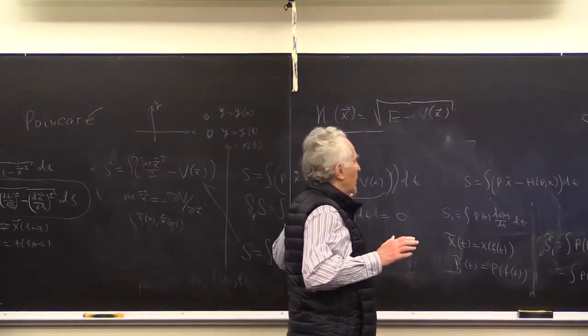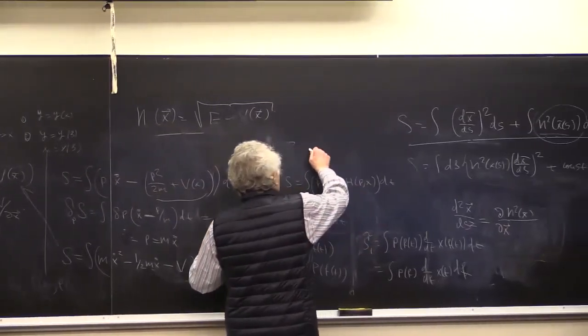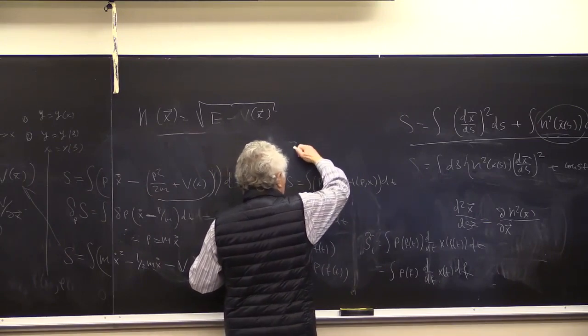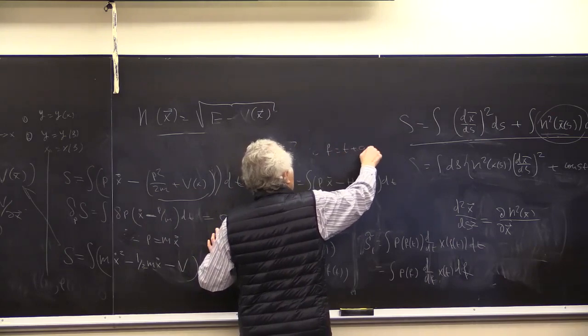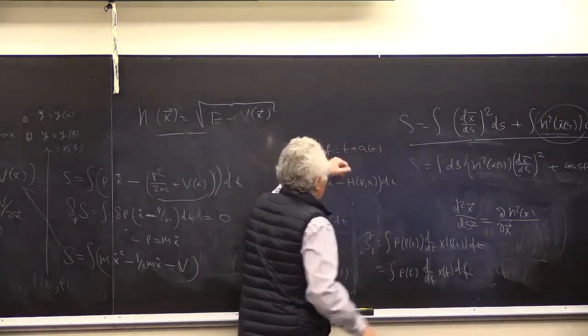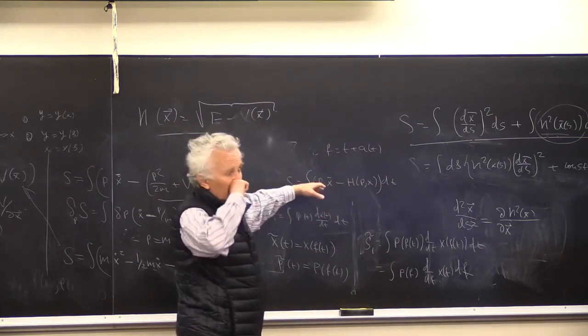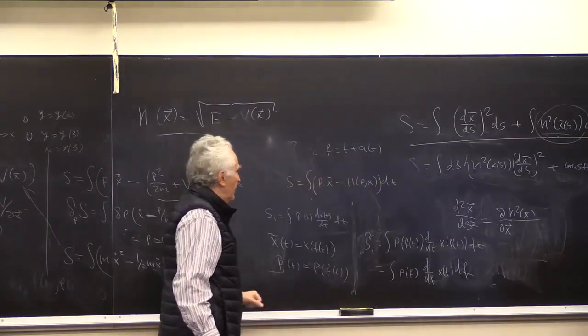Therefore, when we write down f as t plus a of t and look at the coefficient in front of a dot, this term will not contribute. It will simply be independent of a of t.